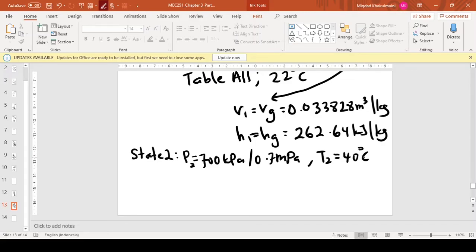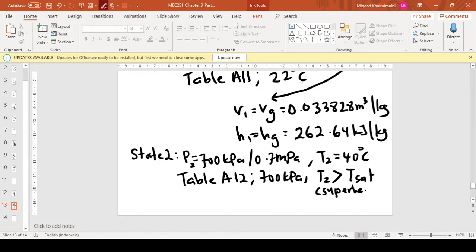We don't have the phase, so we have to check the phase first. Using table A12, since we have the pressure, 700 kilopascal, we compare the temperature with the saturation temperature. When you look at the table, it is greater. So the phase here is the superheated region.